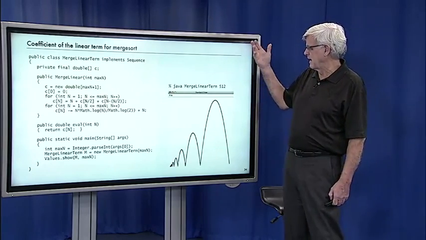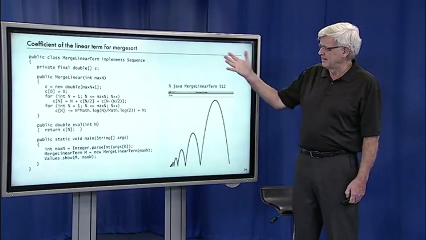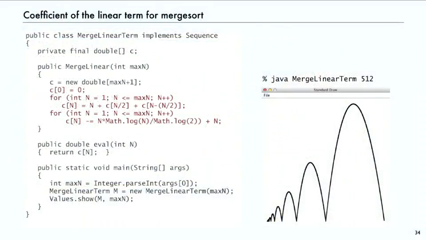So how do I know that? Well, here's a demonstration of what goes on. This is really why I wanted to spend the time at the beginning to motivate you to go ahead and do plots. This is simply using the same structure that we used for Fibonacci and quicksort to compute values of the merge sort recurrence.